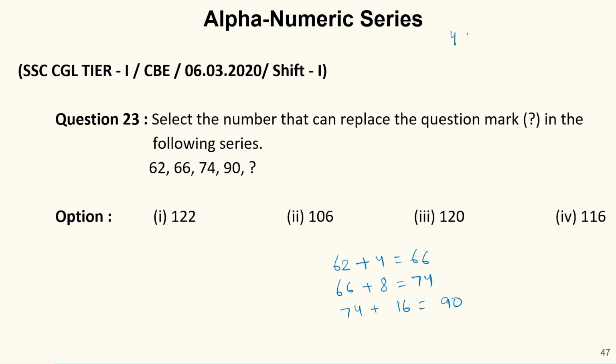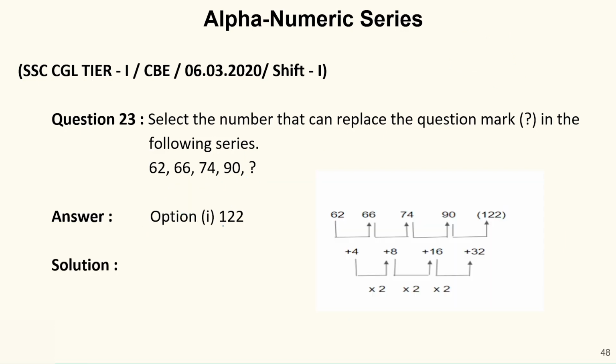So first we added 4, then we multiplied it by 2 and added 8, then we multiplied it and added 16. So logically we'll multiply it by 2 and add 32. If I add 32 to 90, I'll get 122 as my answer, which is option number 1.